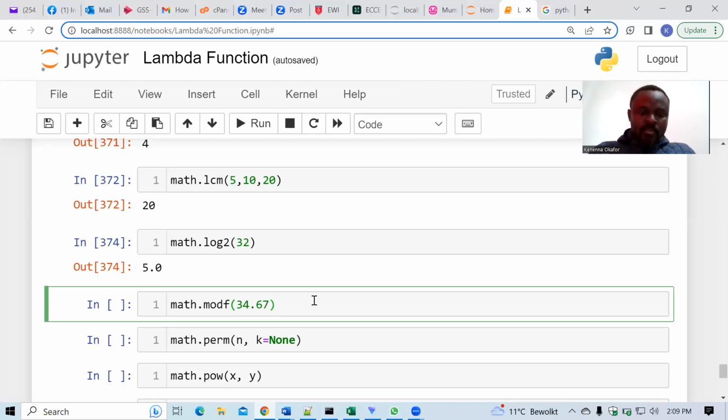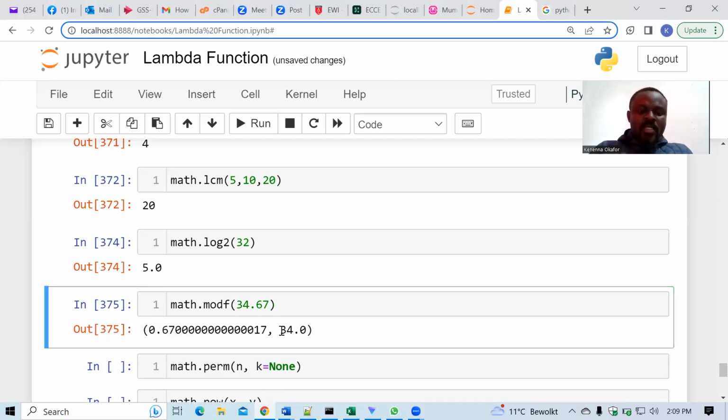Let's see, guys. So that's it. So here the integer part is given as a floating point number. So you see 34, that's the integer part, and then the fractional part here as 0.67. So that's the modf method.